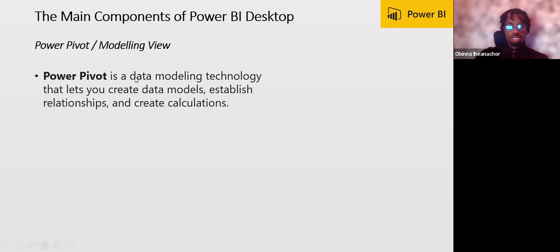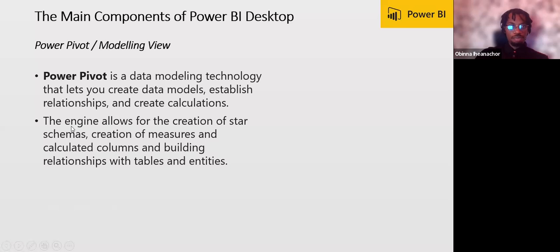So Power Pivot, the modeling view. Power Pivot is a data modeling technology, and it lets you create data models and also establish relationships between your different tables, and also create calculations. Most times you might need to create or derive new data points or columns. So Power Pivot helps you do all this. And Power Pivot allows for the creation of star schemas.